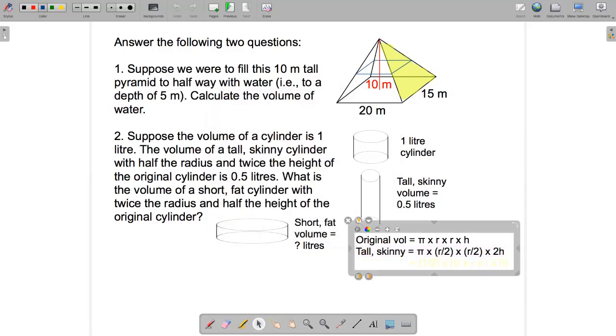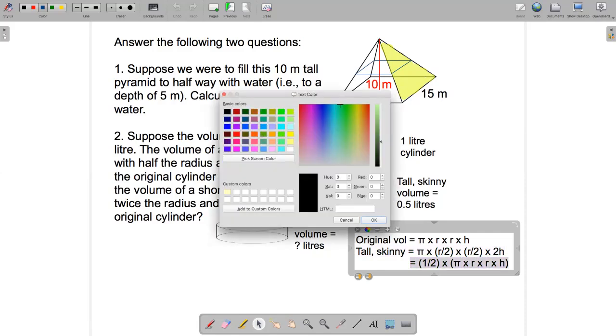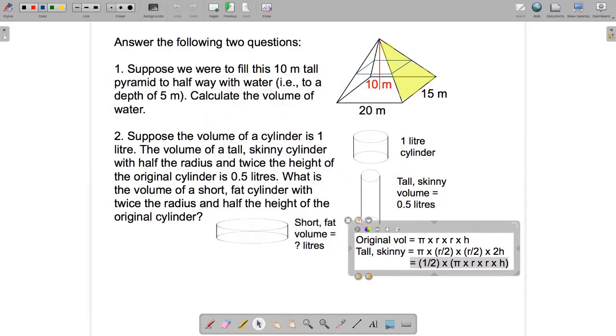But I can simplify this. If I write this as this, where did that come from, you might say? Well, let's think about this. I had r over 2 times r over 2 times 2h. So I just think about the numbers. Half times a half times 2. A half times 2 is the same as a half times 1.